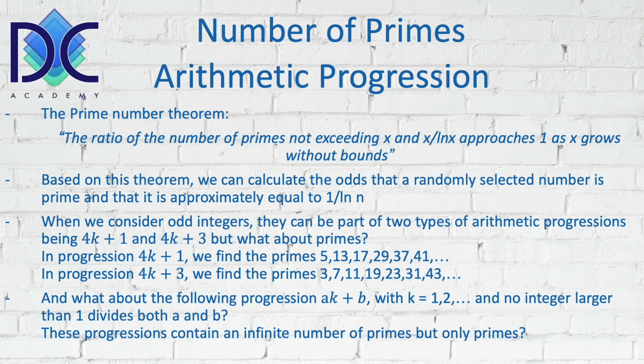So a and b are in fact primes, and we can use this progression and we find an infinite number of prime numbers. But we can ask, are all of those prime numbers or not? So we have to be careful here, because we can find a number, but it's always important to prove if this is possible, yes or no.